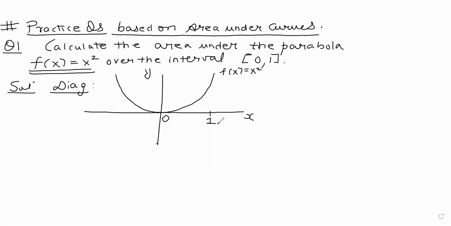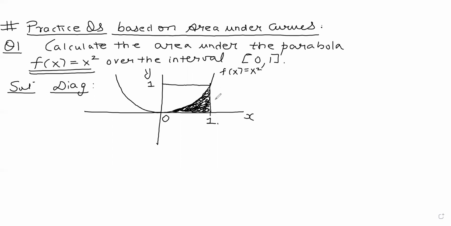Now all of us know, guys, when x is 1, what is y? 1 square, which is also 1. So the objective is what? The objective is to find the area under the parabola and above the x-axis. That means we need to find out this area. This is the area we need to find out.